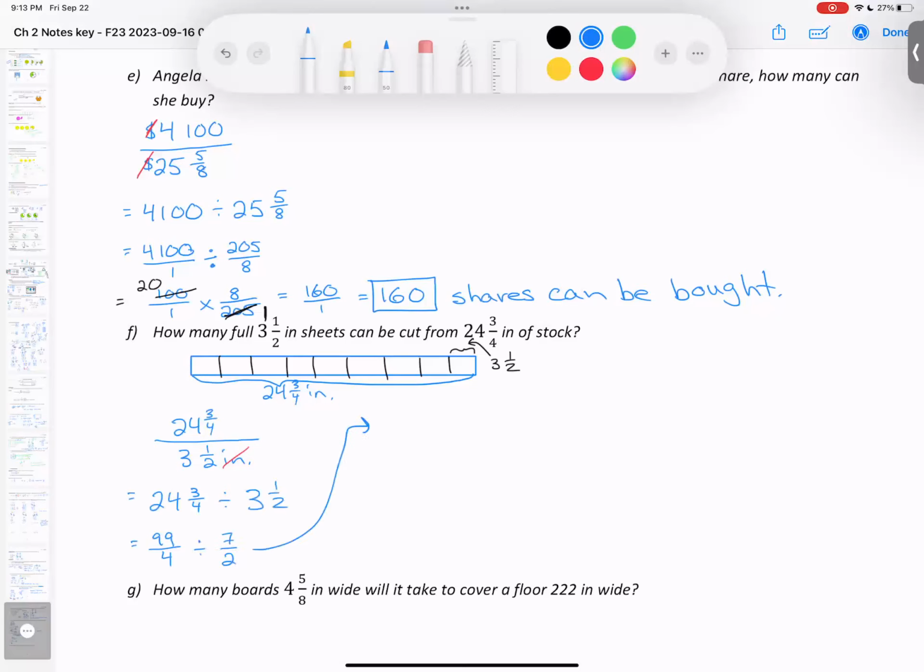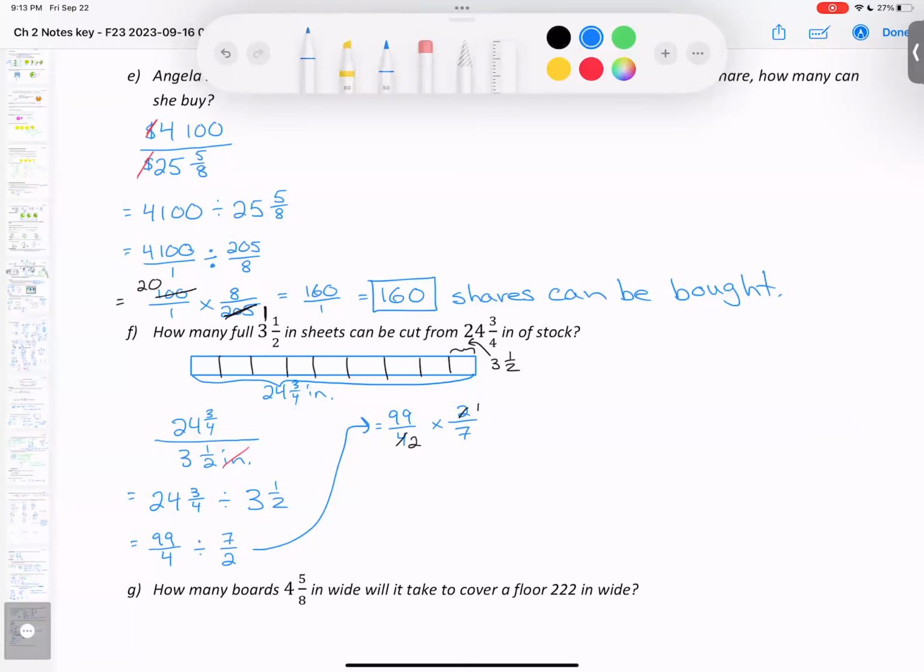Now let's flip and multiply. And can we reduce this at all? Can we cross simplify? Well, I see I have a 2 and a 4, and both of those are divisible by 2. So let's divide out a 2. 99 is not divisible by 7. So that's as far as I can go.